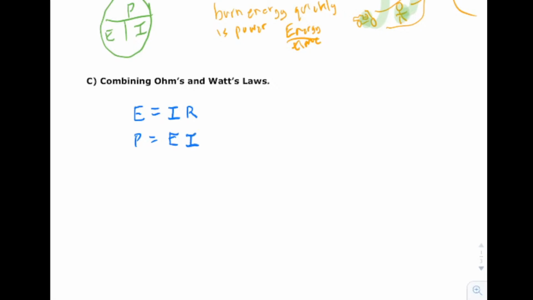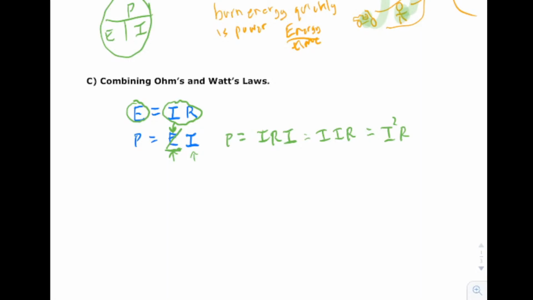So you just put those 2 formulas next to each other, and then what you do is, this says power equals E times I. But wait a minute, come back up to this formula that says E is the same as I times R. So what you do is you take the E out and you plug the IR in, and you get P equals IR times I. The IR goes there, and then don't forget this I. So P equals IR times I, which is the same as saying IIR, because you can multiply in any order, and you probably remember exponents, right?